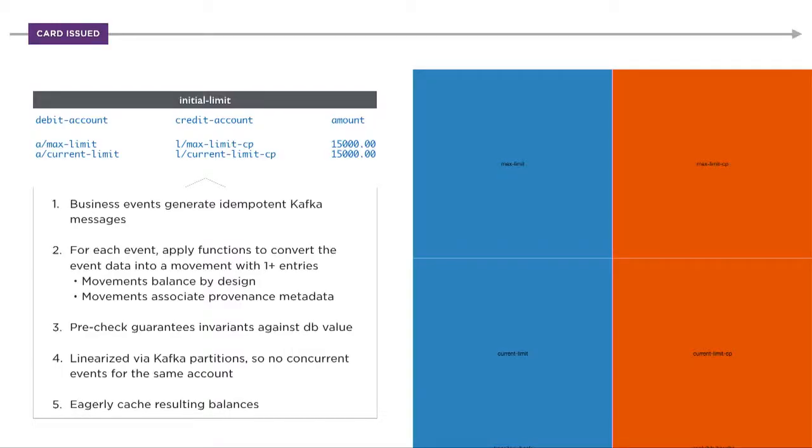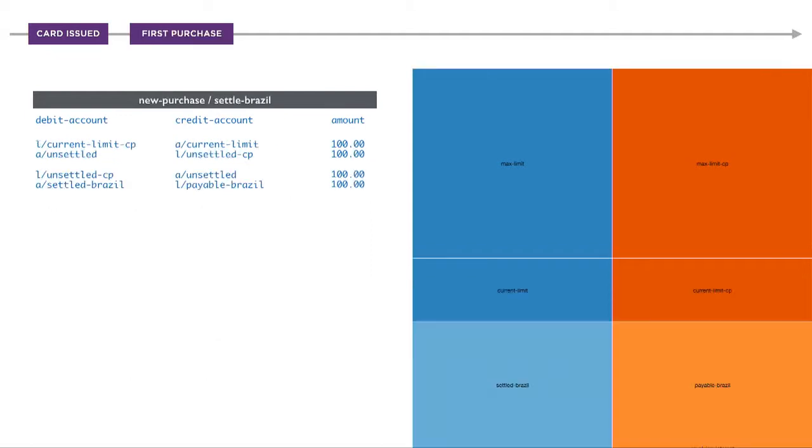And we check this against a database snapshot, and to keep off concurrency, we serialize the events for a single account, so we only consume one event per account at a time, but we have multiple partitions, so we can handle multiple accounts at the same time. And as soon as we consume the event, we invalidate the cache from that moment on.